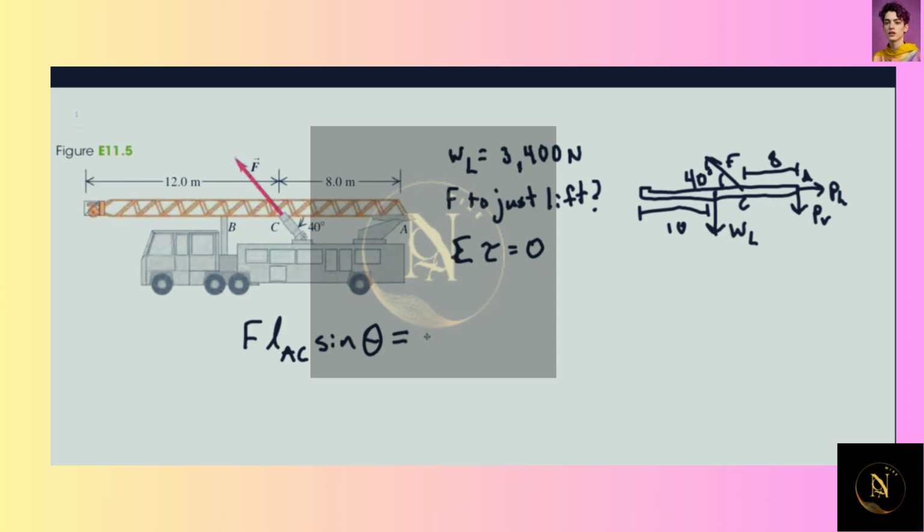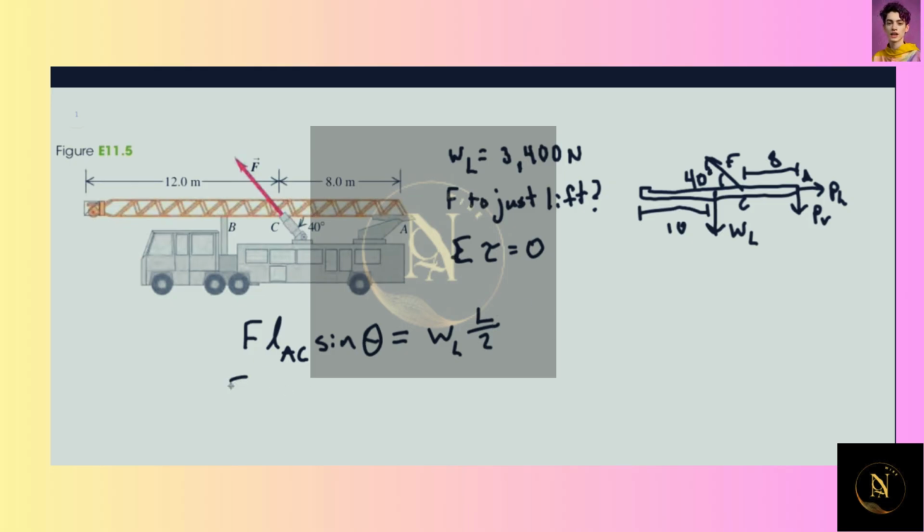And so then this has to be equal to, well, mg, but we were given the weight, times, let's call the length of the ladder big L, L over 2.